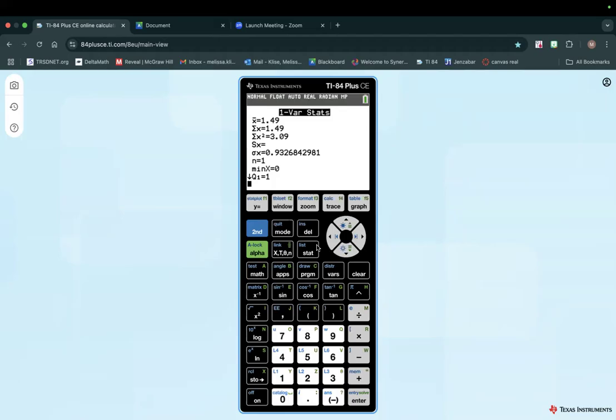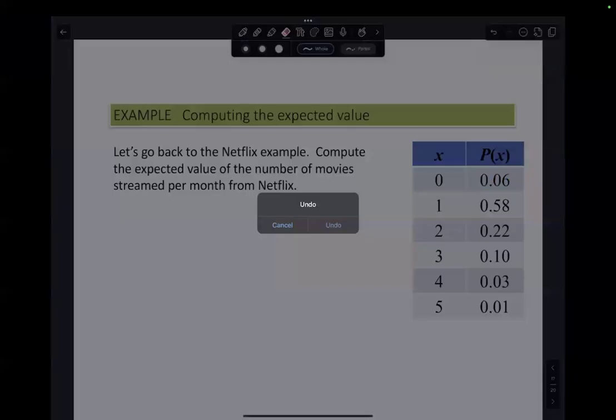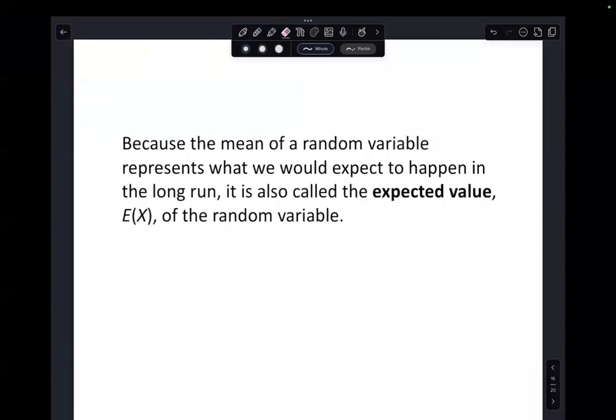And I want to show you. When they ask for expected value, it's going to look like this: E of X. So capital E of capital X is expected value. They might ask you to find E of X, and that's what that is.